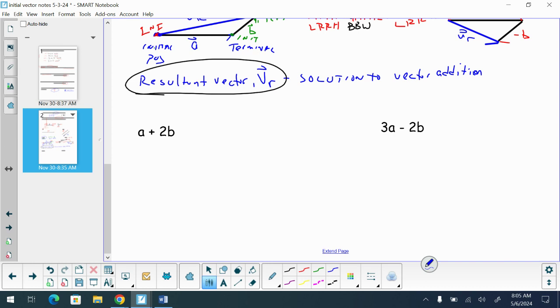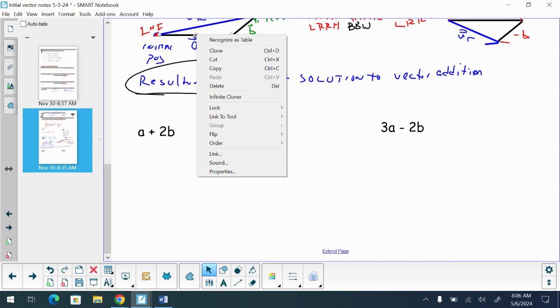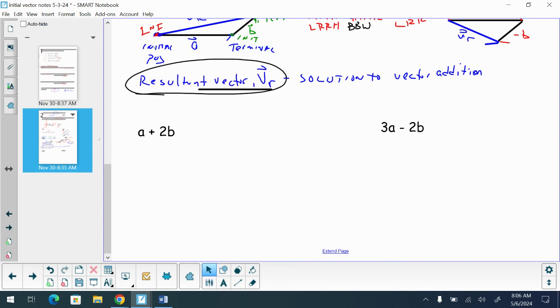A plus 2B. Okay, draw in your A. Now we're adding in 2 of the B's.